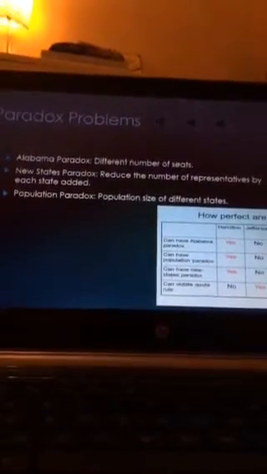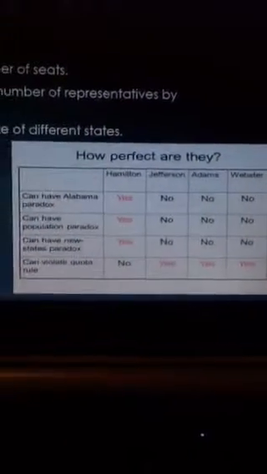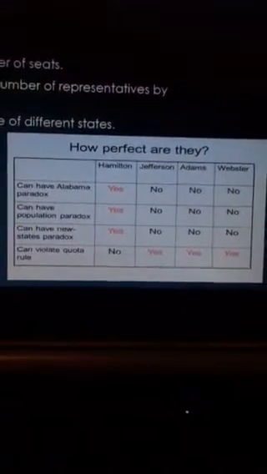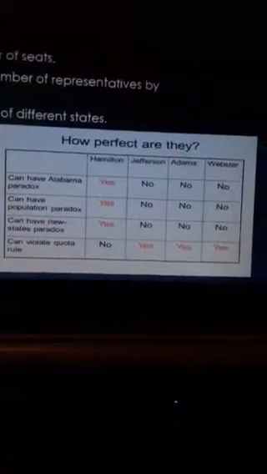There are paradoxes to be found when using apportionment. The Alabama paradox was the first paradox ever found. The House of Representatives is required to allocate seats based on population, and it was found that Alabama would get 8 seats with a House size of 299, but only 7 with a House size of 300. The paradox basically says that a total number of representatives is reduced for a state because of the addition of 1 representative to the House.